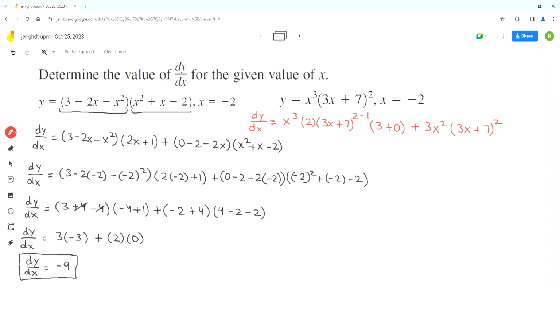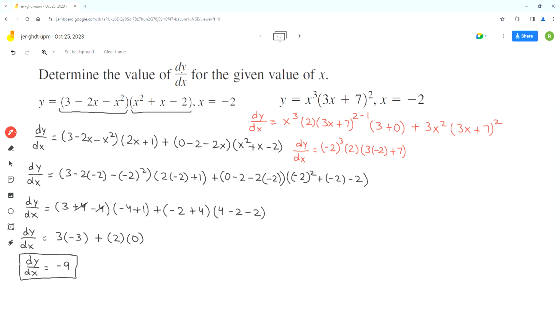Now we can sub in x as negative 2. We do not have to simplify this expression. So we get dy over dx equals negative 2 exponent 3 times 2, then times (3 times negative 2 plus 7), and then exponent 1.